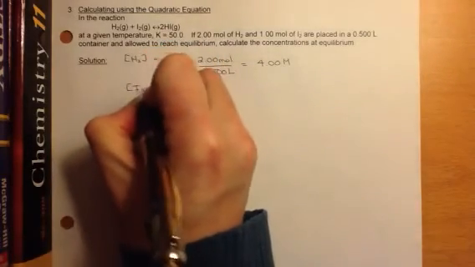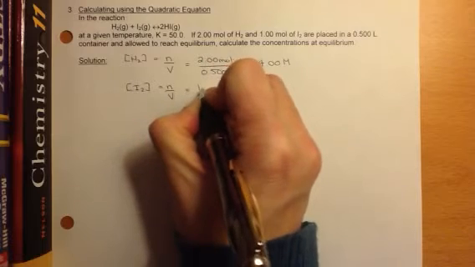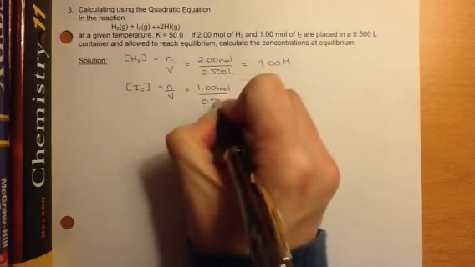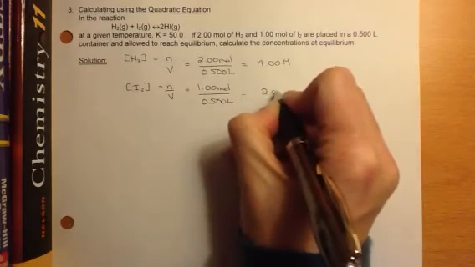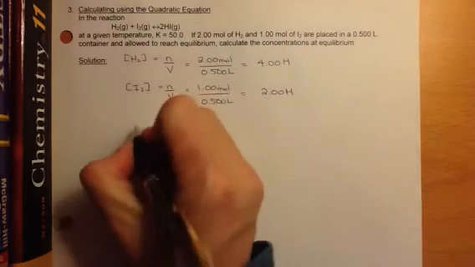For the iodine, repeat that same calculation, except plug in the value for iodine. Now that we have both of our reactants in moles per liter, we can use our ice chart.